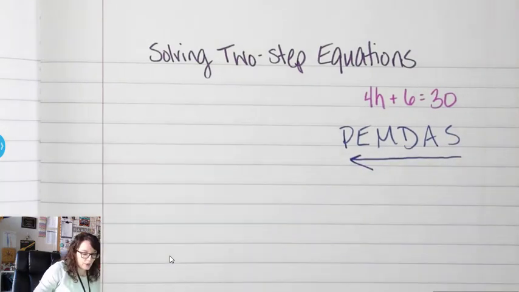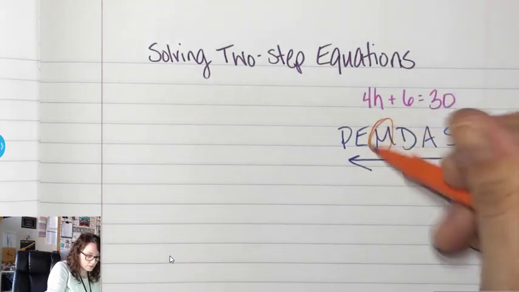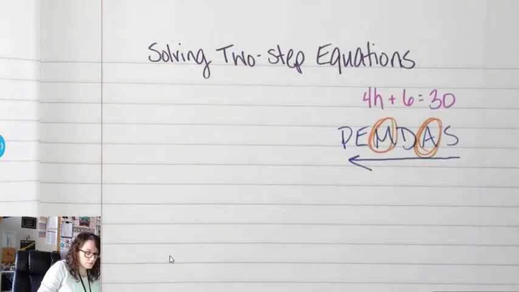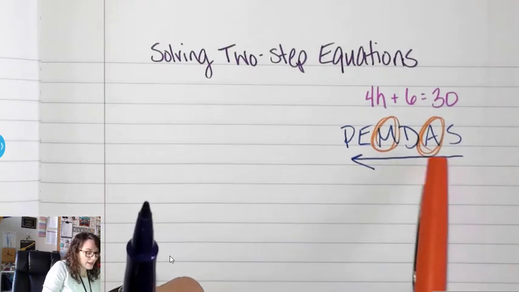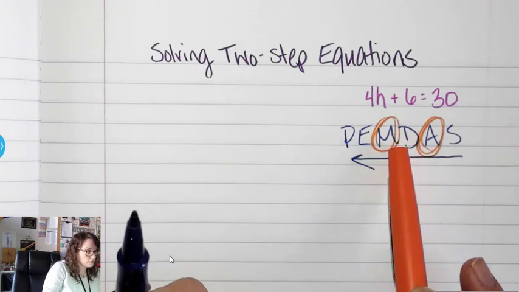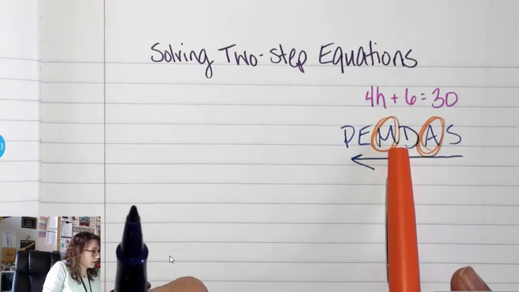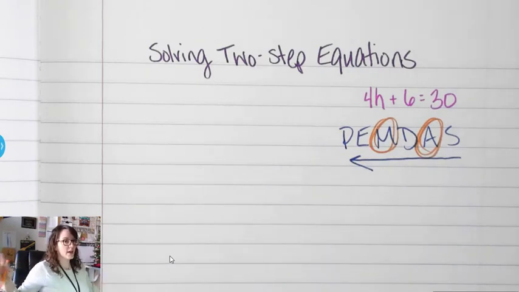So if in my equation I have multiplying and addition, when I go backwards, I'm going to undo addition and then undo multiplication. Okay, that's 6th grade. We're just going to take 2 one-step equations and put them together.